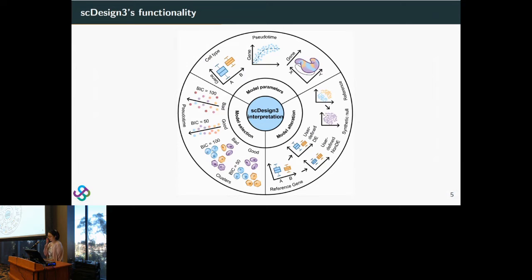And lastly, you can generate synthetic null data, which are cells from one homogeneous population based on the reference dataset, which could contain cells from heterogeneous populations.